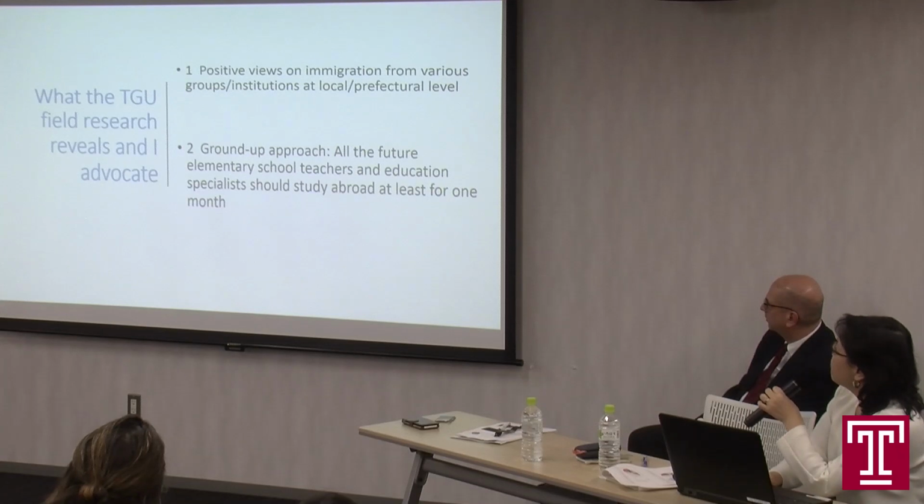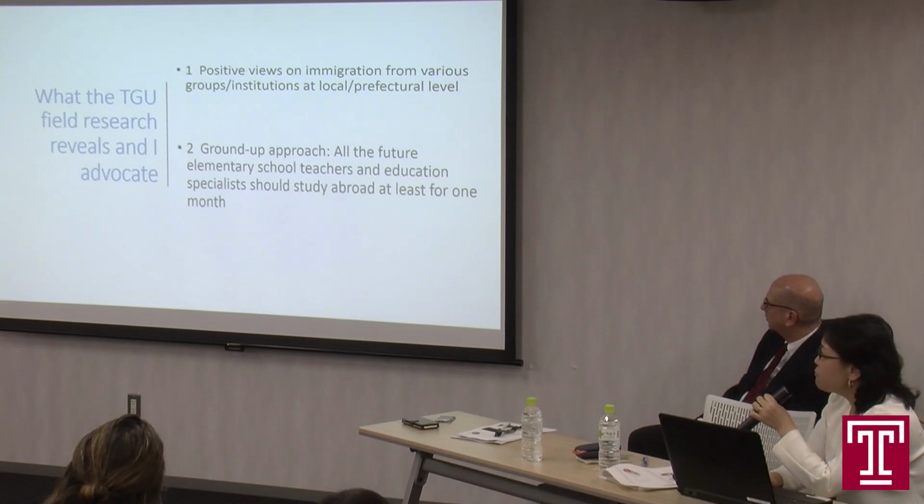So what we have found through our field research, we have heard so many positive views on immigration from various groups. For example, Kyoiku Iinkai, educational board members, or NGOs, NPOs at local prefectural level.